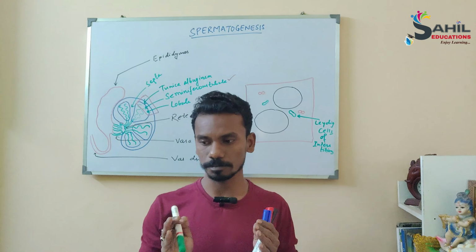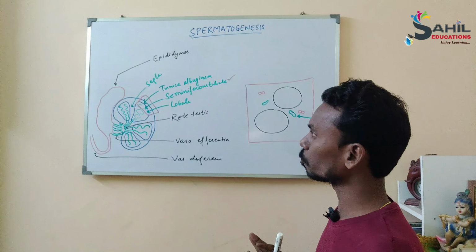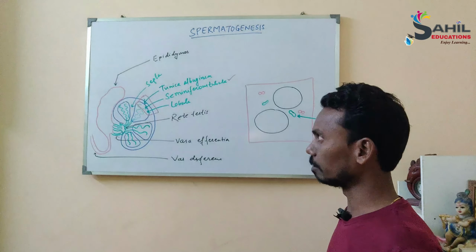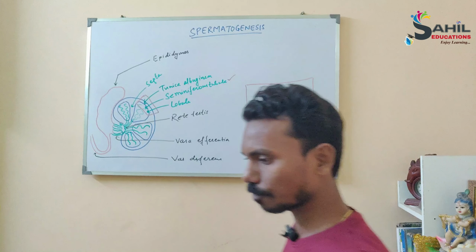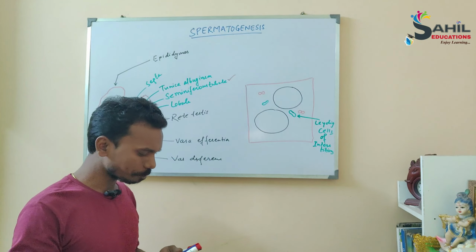So these kinds of structures are present in the microscopic or histological cross section of a testis.